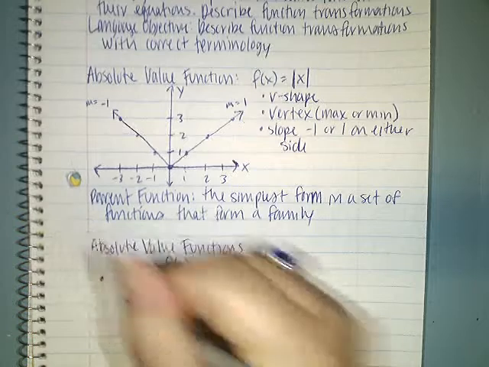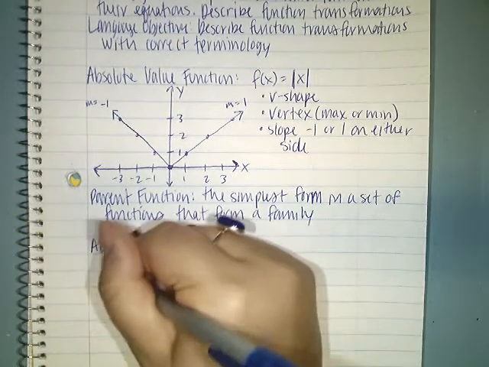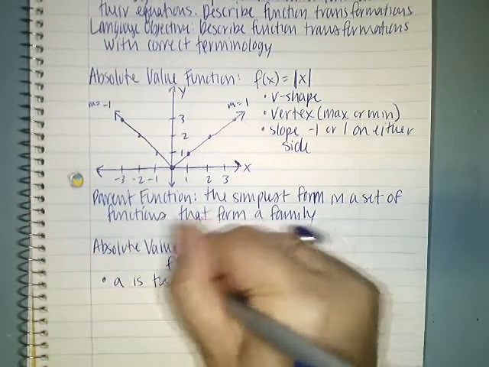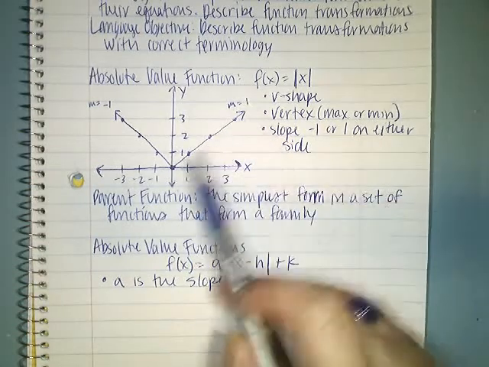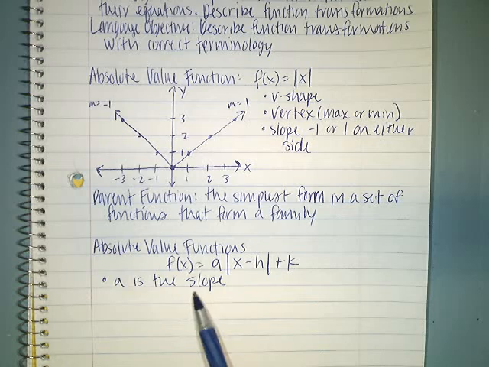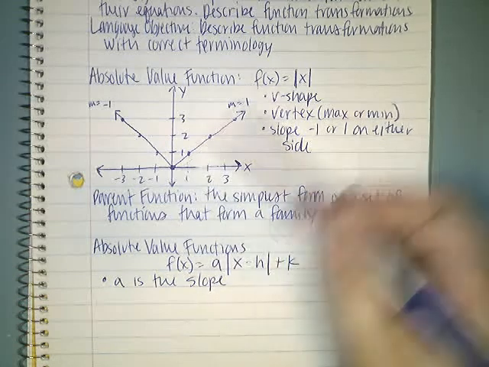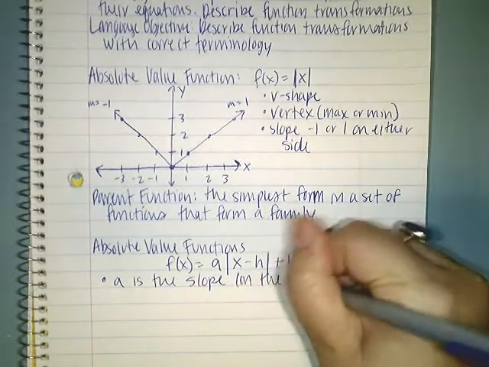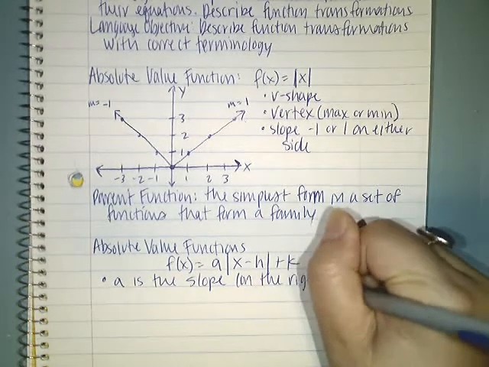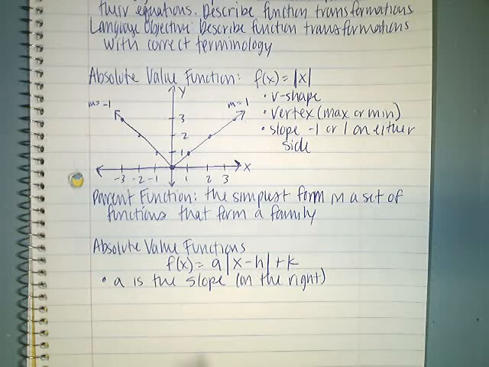So what a is going to tell us is the slope of the line. Here we went up 1 over 1 and then mirrored it on the other side. A is going to tell us the slope of the line on the right side, so then we can do the mirror image to make the left side.